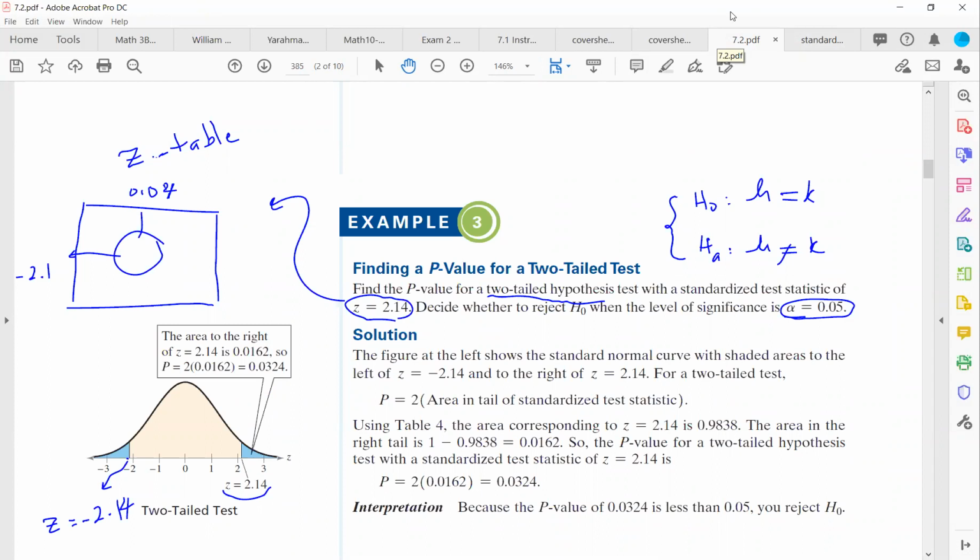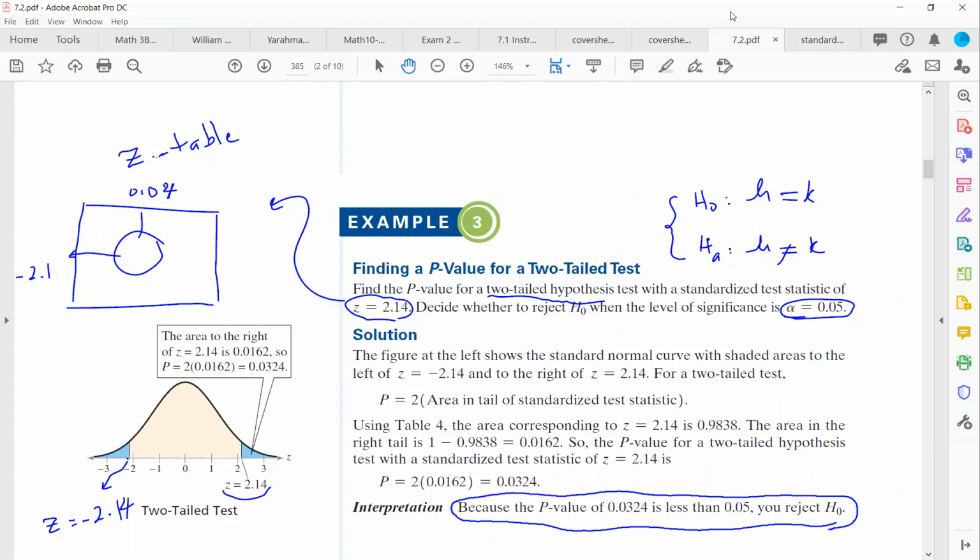So if you multiply it by 2, you get roughly 3%, which is less than your alpha. Since p-value is less than alpha, you reject the null hypothesis.